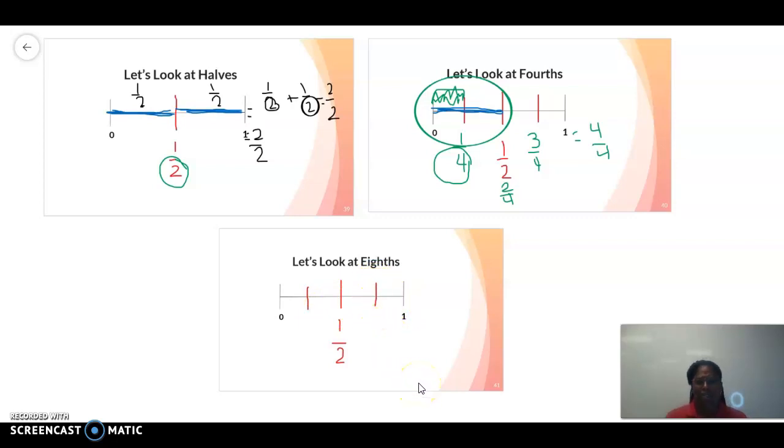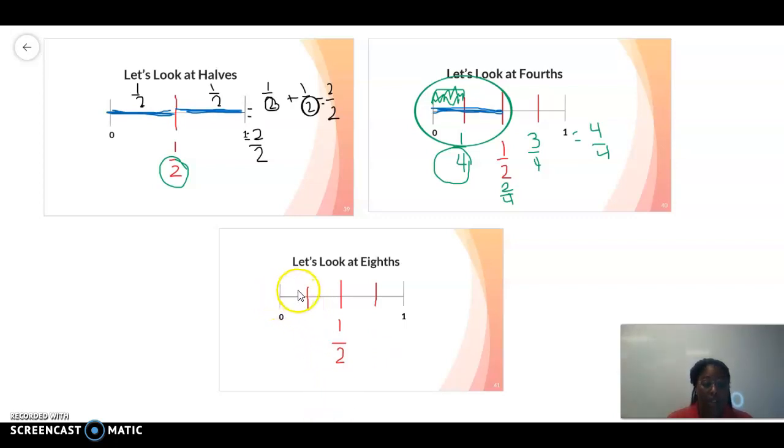Now all I'm doing is making my fourths into even smaller pieces. That's all I'm doing, okay? So I started with 1/2, right? Then I divided my halves into fourths, which are smaller than halves. And now I'm dividing my fourths into halves to make smaller pieces for eighths, okay? So it looks like this.